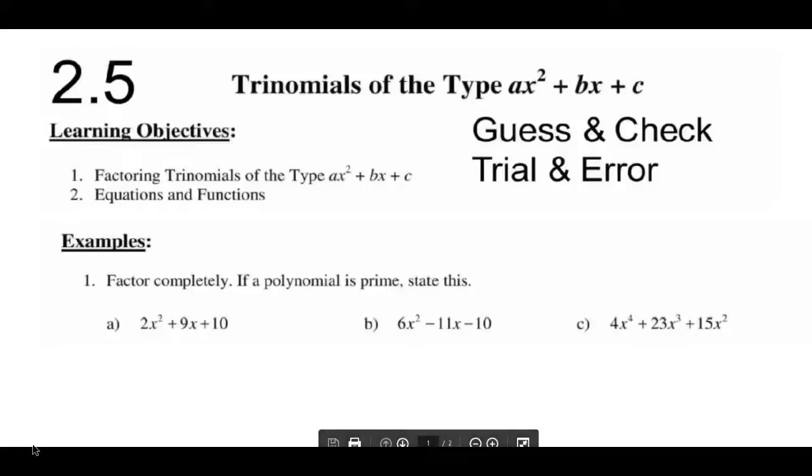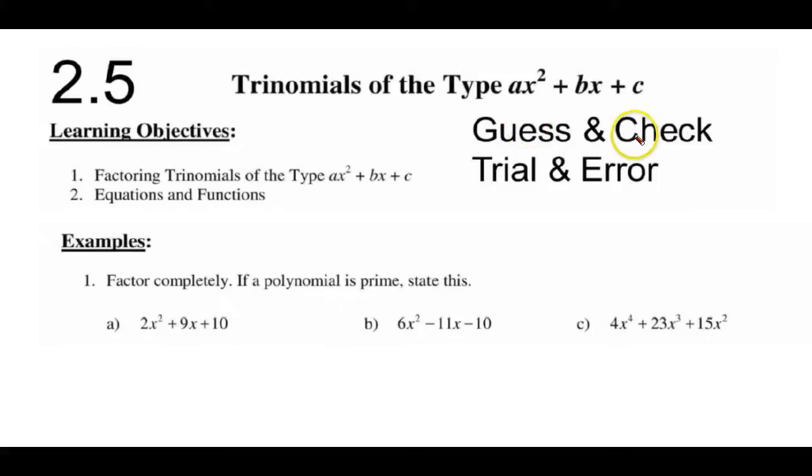Now, as we go on to topic 5 of chapter 2, we're going to continue our work with factoring trinomials, but in this case, a will not be 1. So this makes it just a tad more complicated.